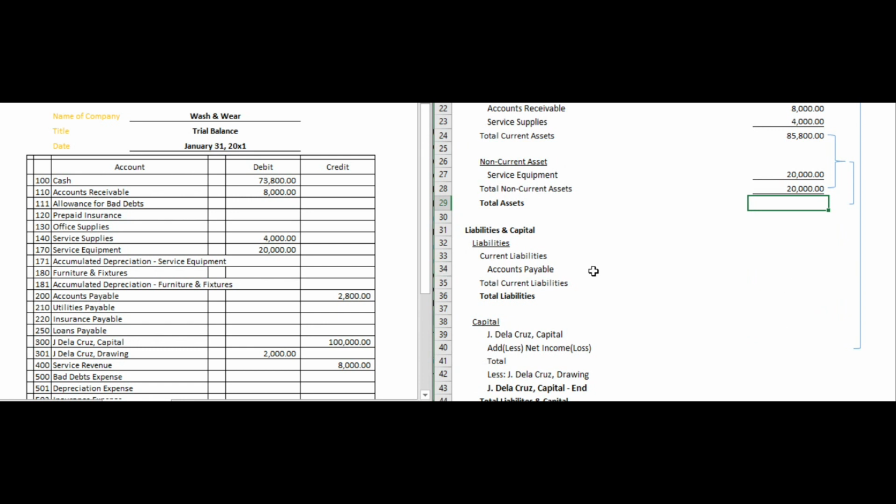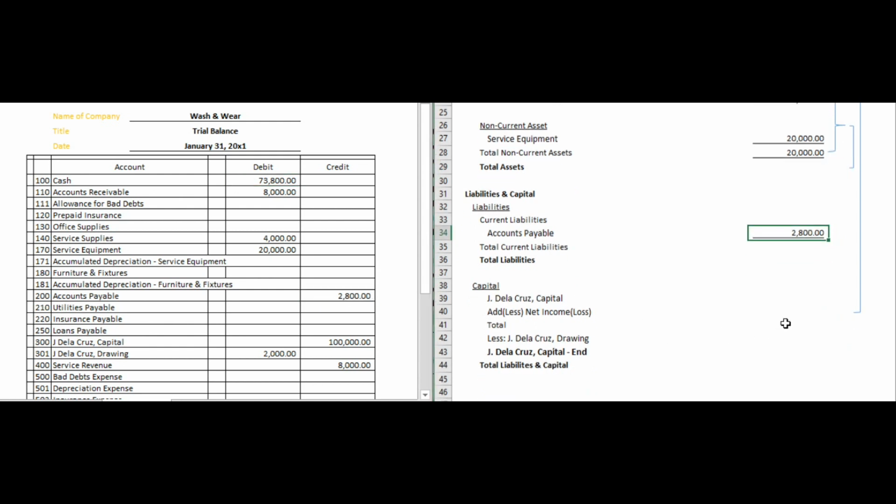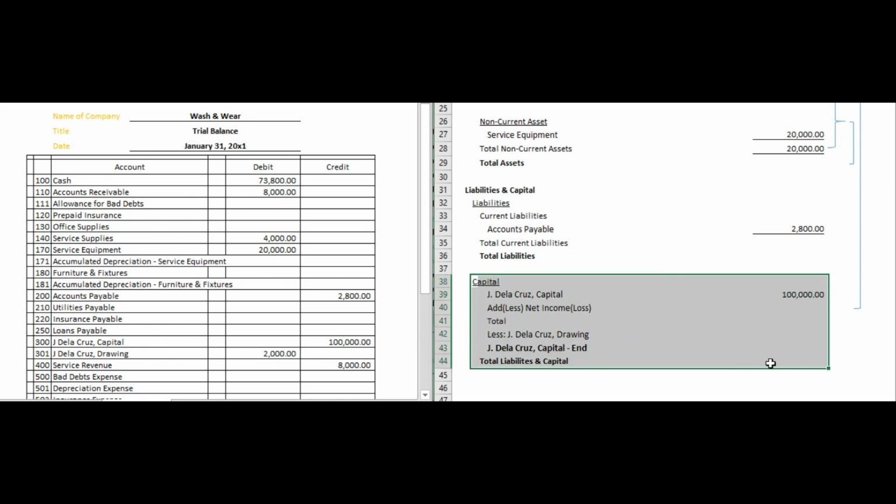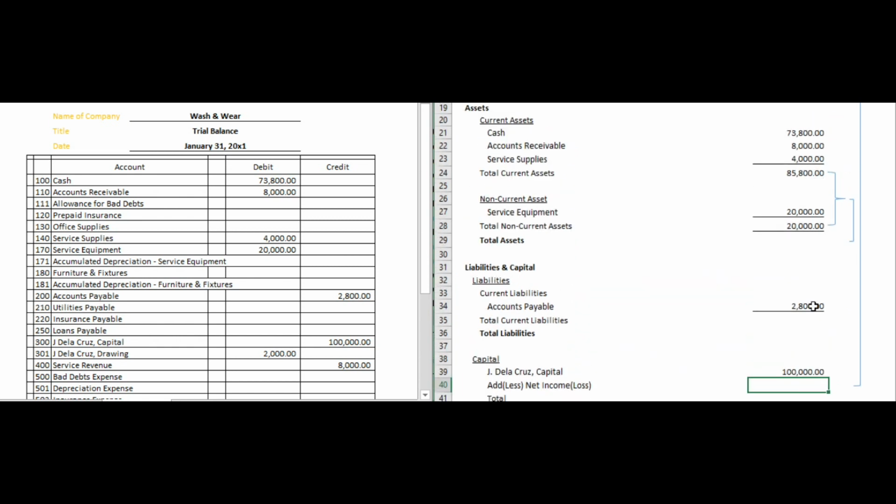Next, accounts payable, 2,800. And we have DJ De La Cruz Capital. Remember this formula, okay? Add net income pag loss, less net income. Anyway, yung current asset and non-current asset pinag-total yan.